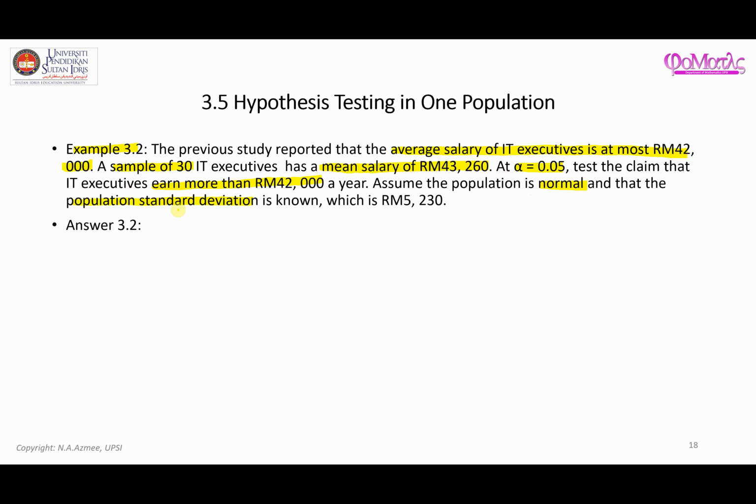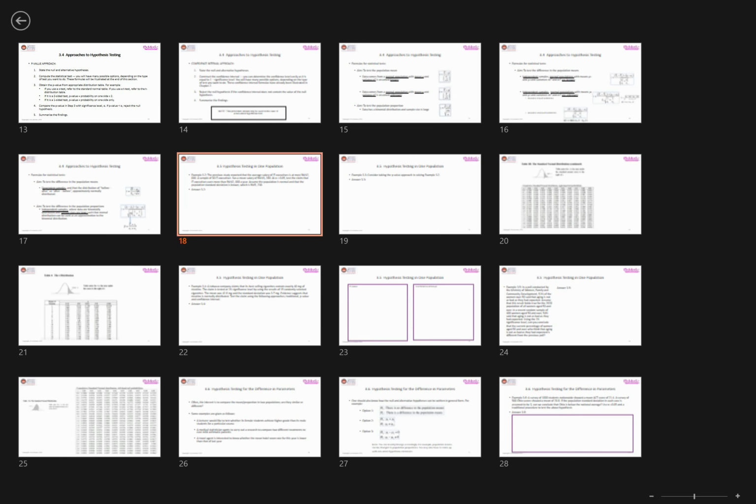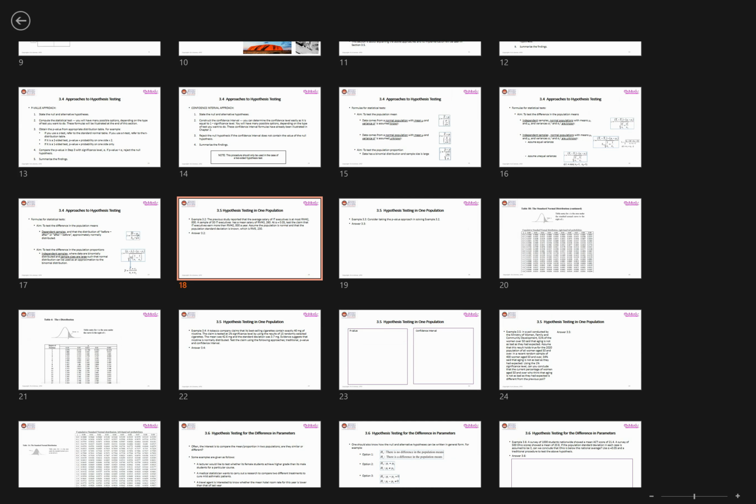So this is sigma. So when the population standard deviation is known, you need to resort to the formula that will use the standard normal distribution as a reference. Okay, so let's go back to this part here.